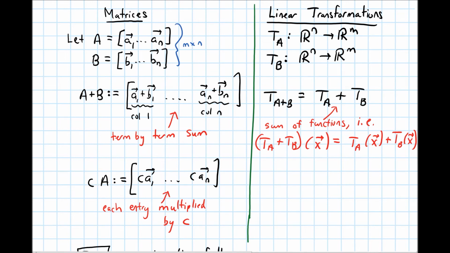In terms of linear transformations, if we write down the transformation associated to the matrix cA, lowercase c and then capital A, it's the same thing as the transformation associated to A, but with a c in front.